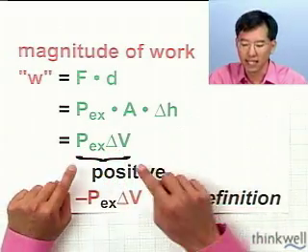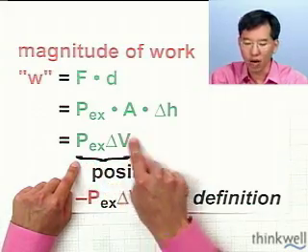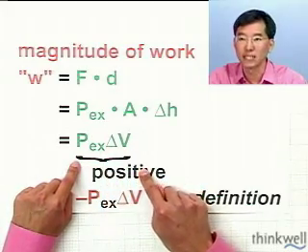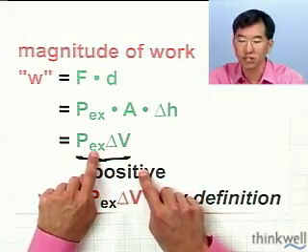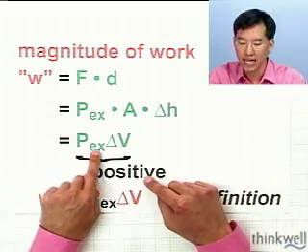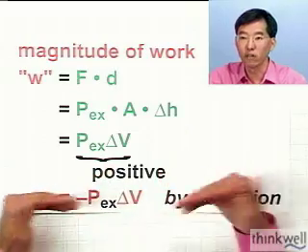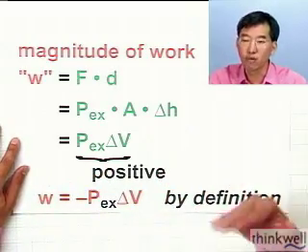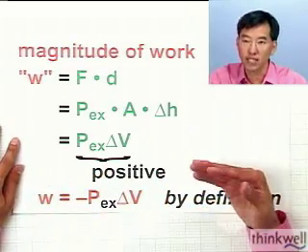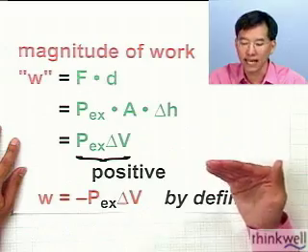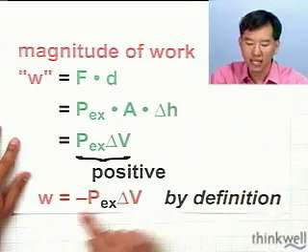But now recognize that this quantity is going to be positive. We have that the external pressure is positive, it's always positive, and that the change in volume is positive because delta H was positive for this particular process. But we want W, the work done, to be a negative quantity. And so we have to define the actual work.